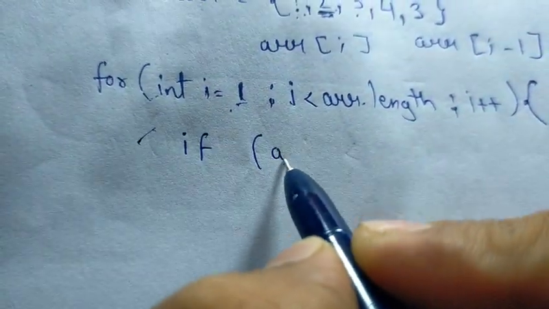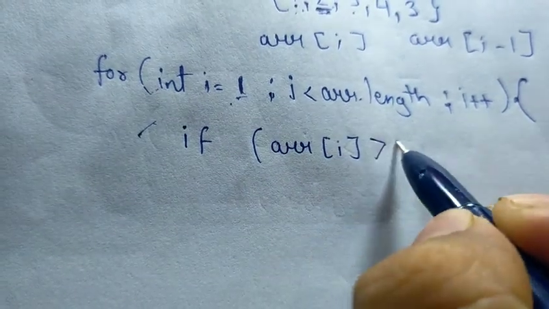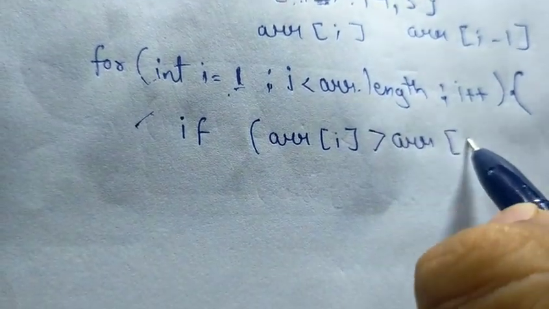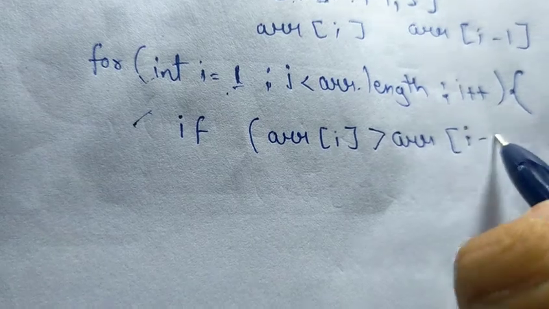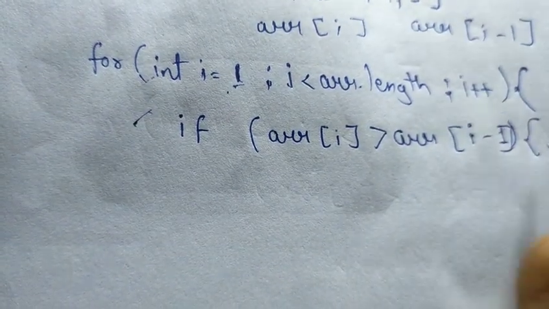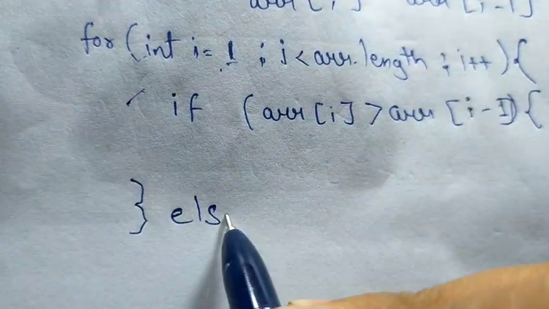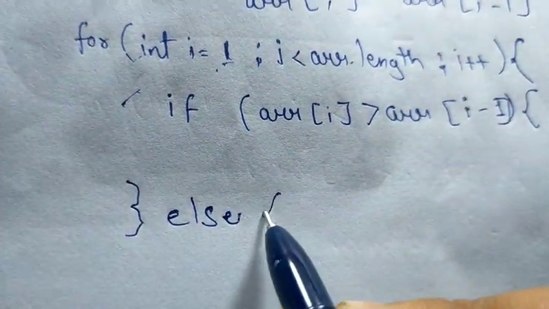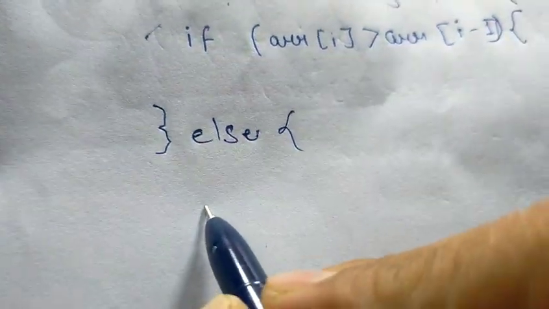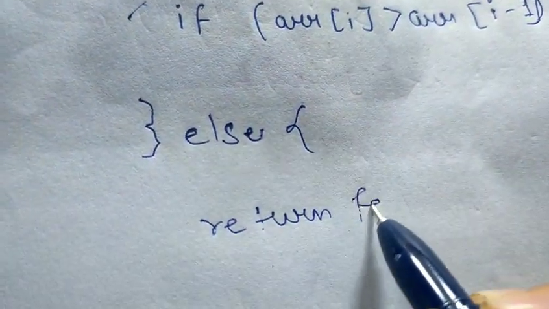If arr of i is greater than arr of i minus 1, then it will return nothing. Else, it will return false.